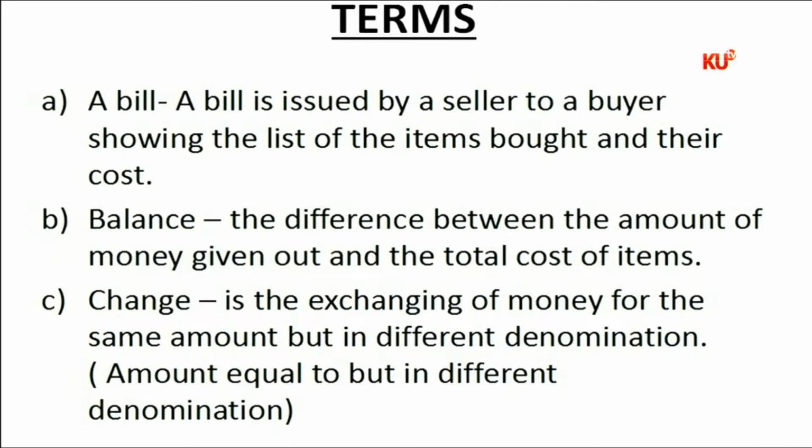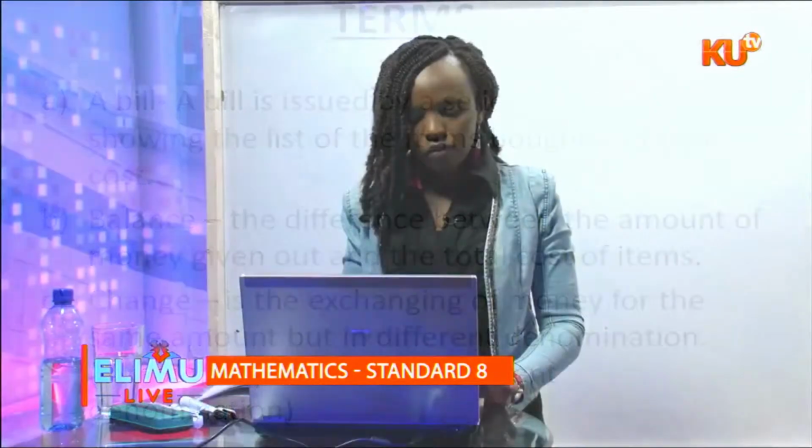So those are some of the terms that you're going to come across as we deal with this subtopic, bills. In this topic, we have some symbols that are used when you are calculating, or when you are getting the bill. For example, I'm going to list them down.